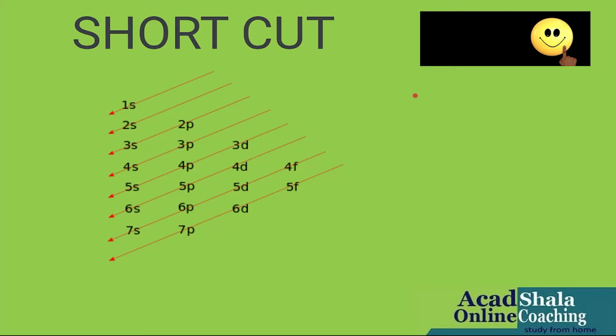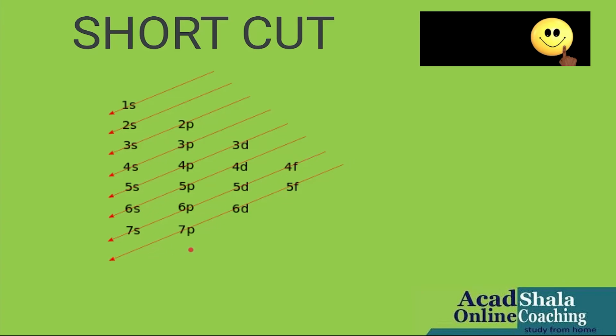So for any element, the first orbital to be filled will be 1s, then 2s, then we are coming from up towards down. After 2s, 2p will be filled up, then 3s, then 3p, then 4s, then 3d, then 4p, then 5s, then 4d, 5p, 6s, then 4f, and so on and on.